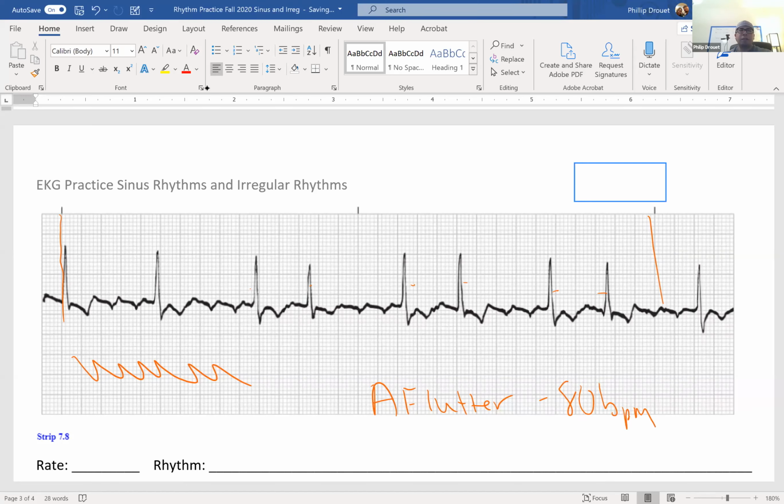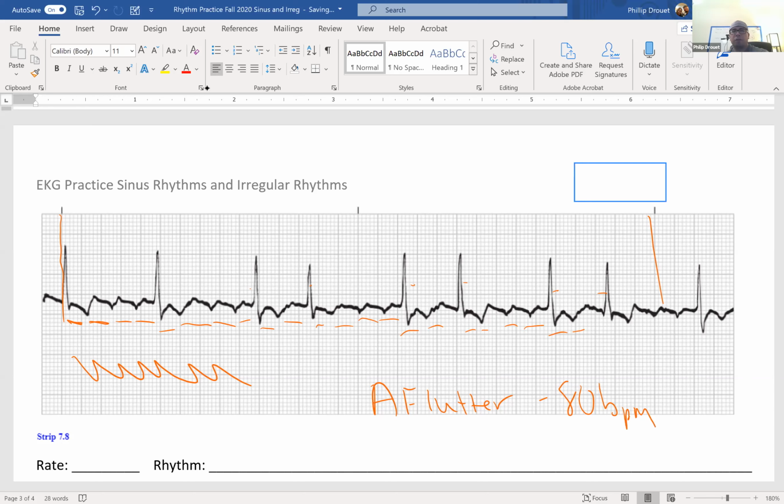Now, the reason why it's irregular is because you have these different amounts of P waves between the QRSs and it's changing. For example, this one has 1, 2, 3, 4, 1, 2, 3, 4, 1, 2, 1, 2, 3, 4, 1, 2, 1, 2, 3, 4, 1, 2.